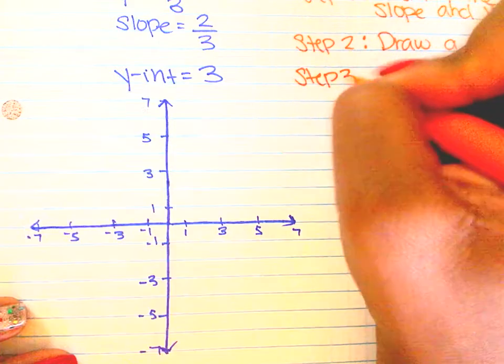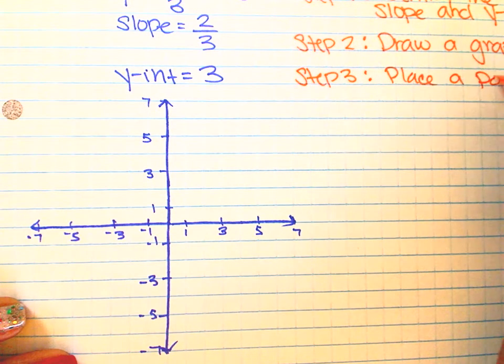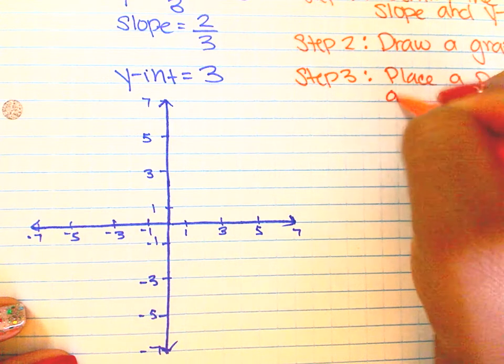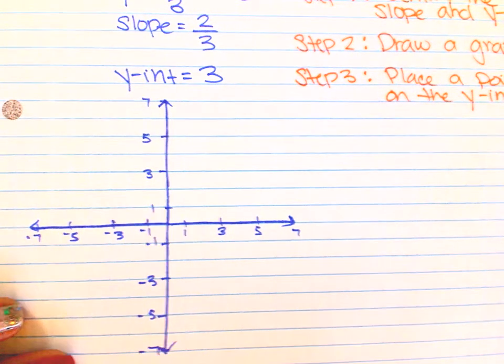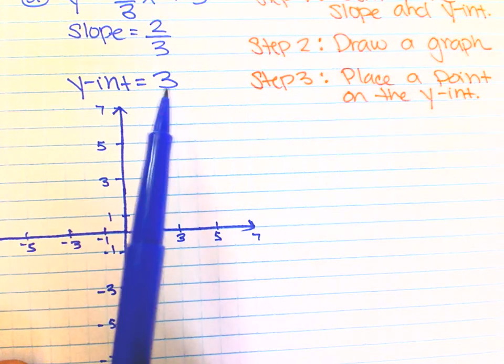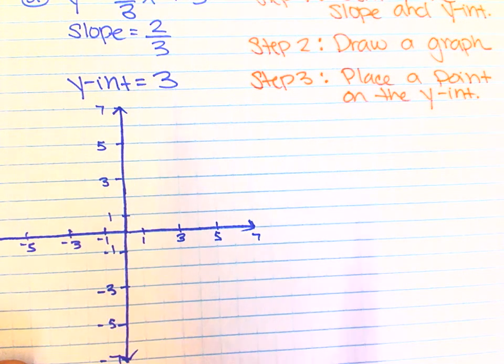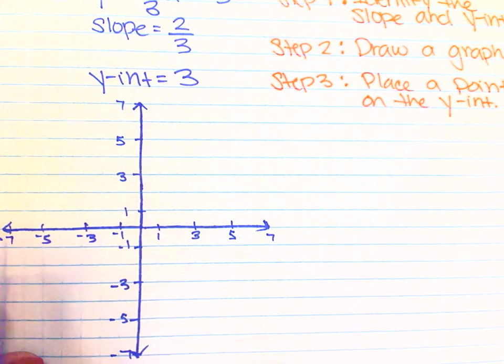Step number 3, you're going to place a point or a dot on the y-intercept. Yes. So the y-intercept is positive 3. Do I put it over here? What line is this?